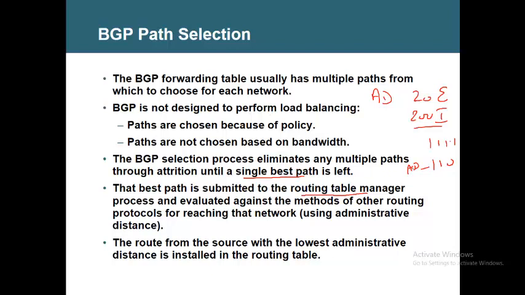Did you understand the fourth paragraph? Right. So the fifth paragraph says the route from the source with low administrative distance is what is installed into the routing table.